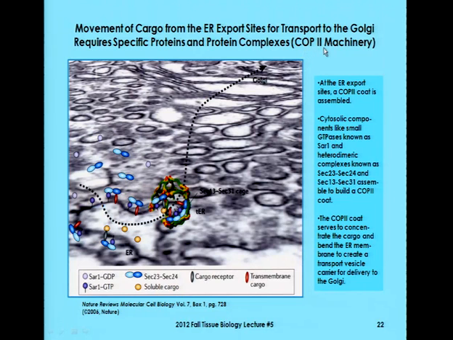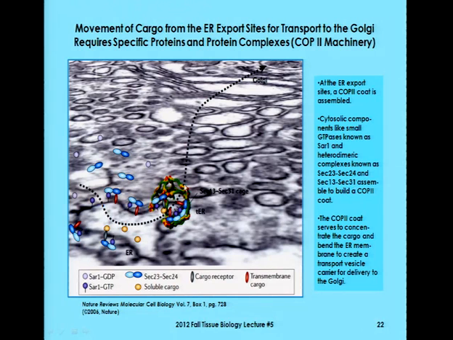called COP2. At the ER export site, we have the assemblage of this cage-like structure, which consists of cytoplasmic components, such as GTPases, and heterodimeric complexes known as Sec23, Sec24, and Sec13, Sec31.